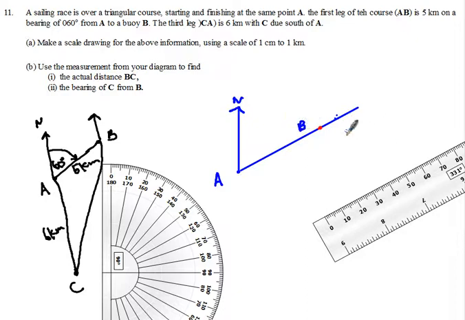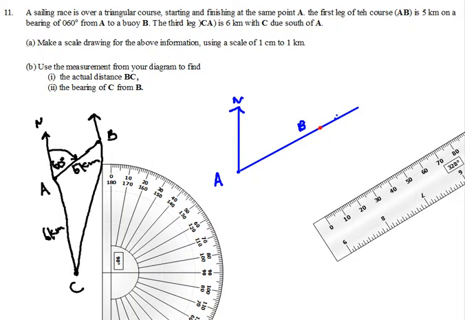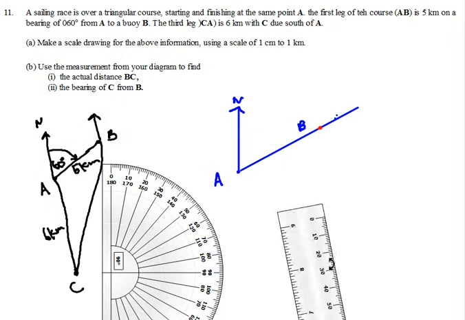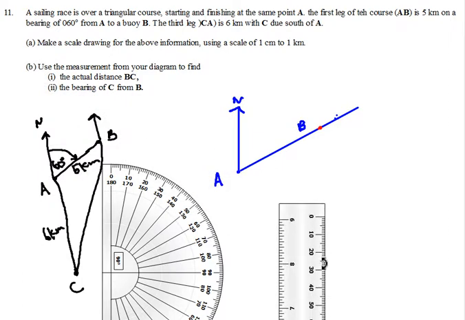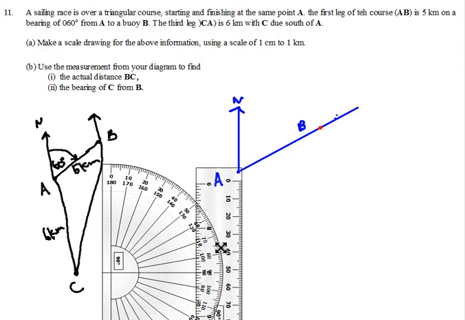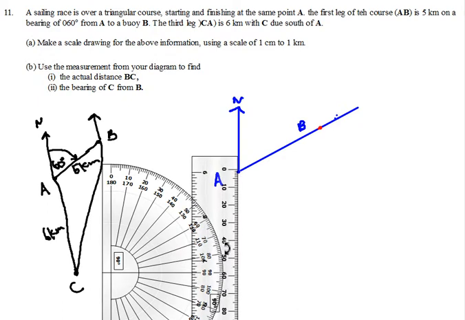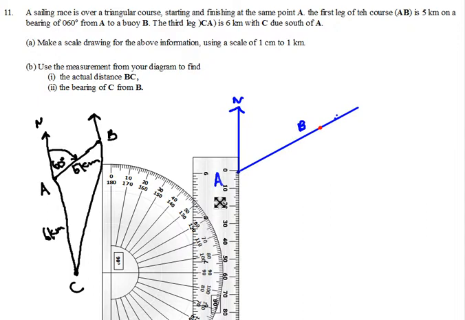Now, the next leg of the journey is going to end up at C. What the question told us about C is that C is due south of A, and C is 6 kilometers from A. So we're going to need a line stretching from A straight down south, which is 6 centimeters long, because that 6 centimeters is going to represent 6 kilometers.